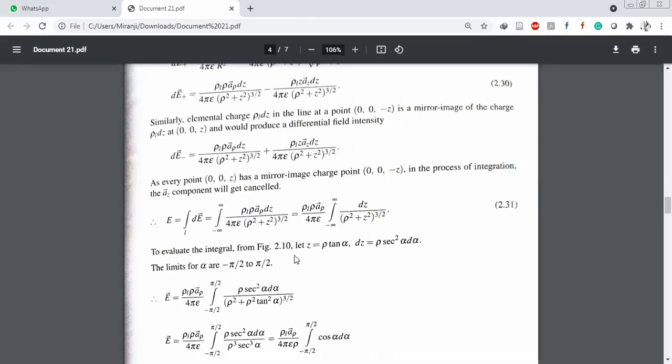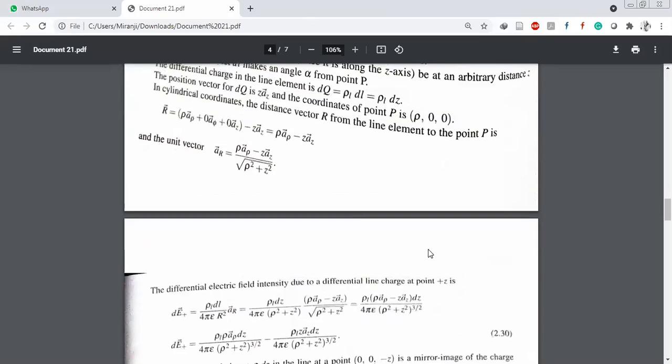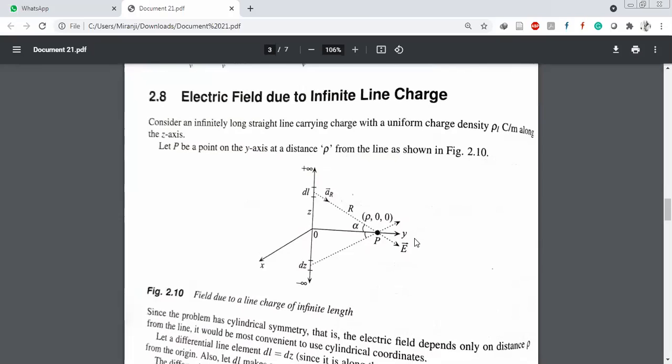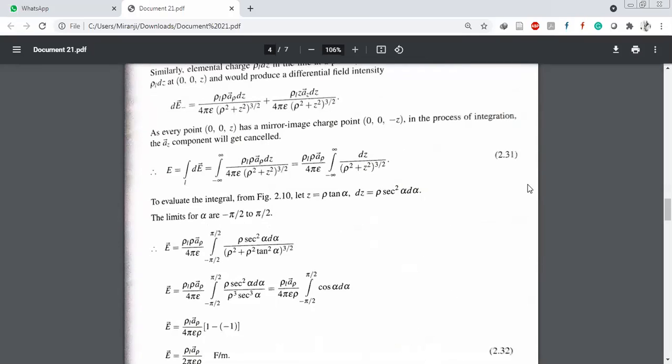Already you know that z equals rho tan alpha and dz equals rho secant squared alpha d alpha, from the triangular expression. Simply substitute and simplify.